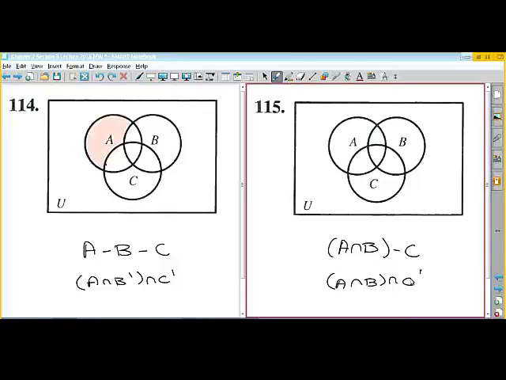Anyway, so this part, this would be A intersect C minus B. This would be B intersect C minus A. All of them have the same kind of setup. It just depends upon which ones define the intersection.